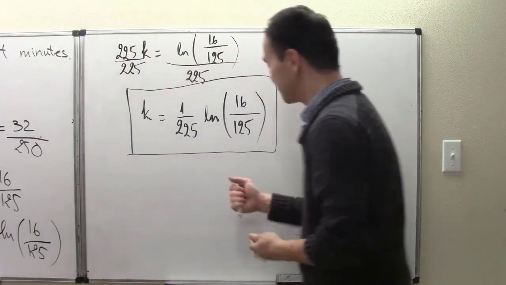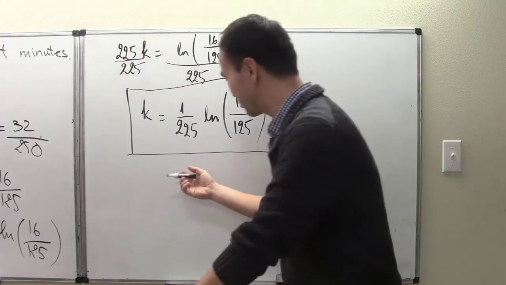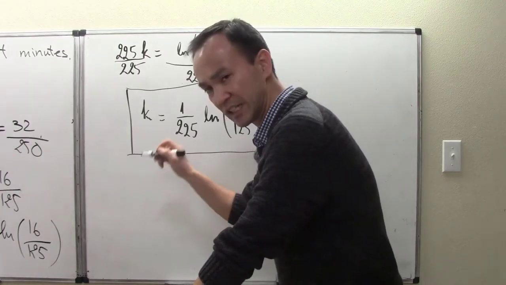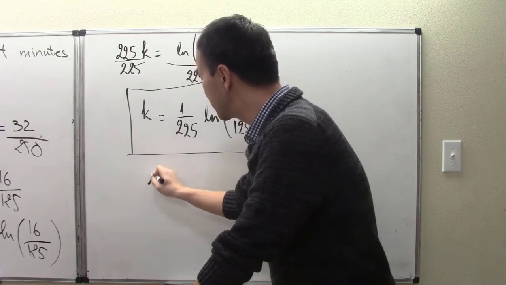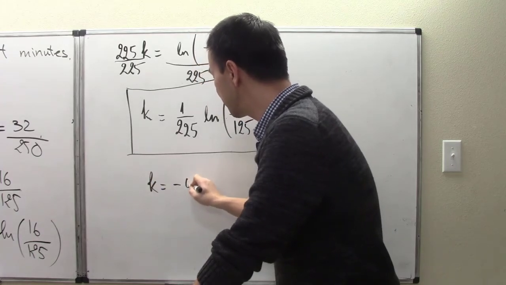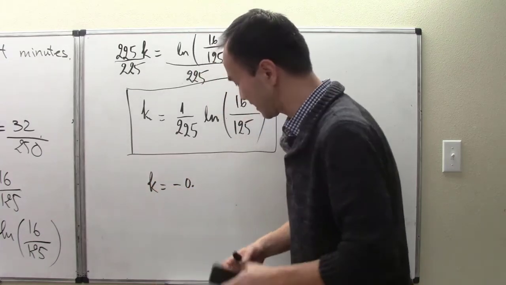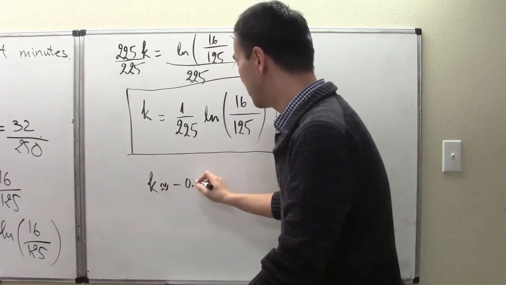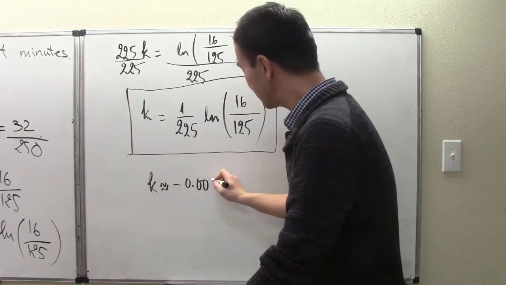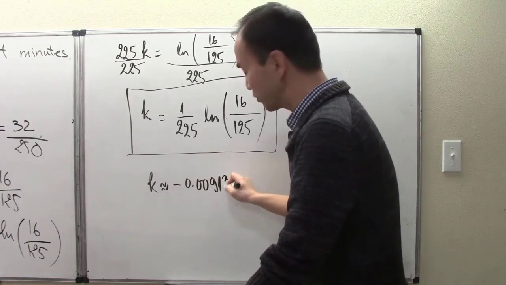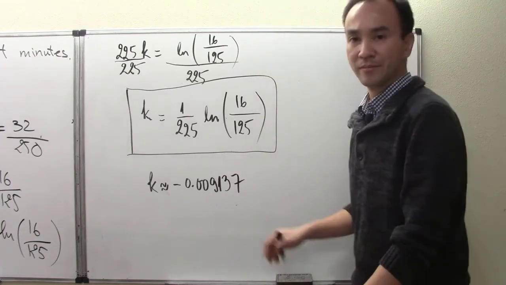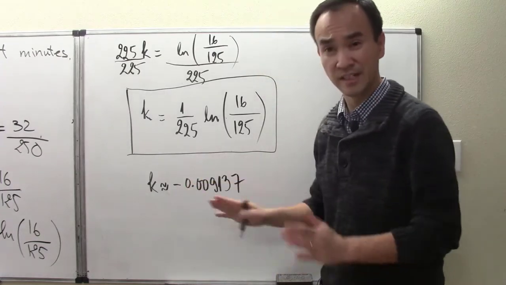Now in about 5 decimal places, we have found the relative decay rate, or the continuous decay rate. So k equals approximately negative 0.00913, and then in 5 decimal places, 37. And this is now making it clear that it's a decay process.